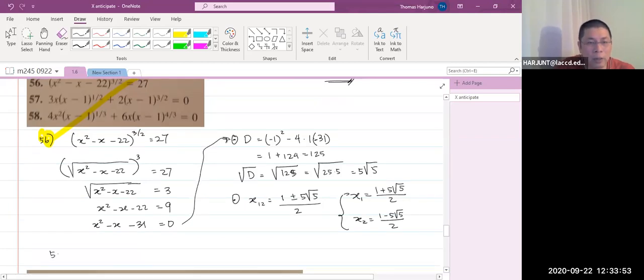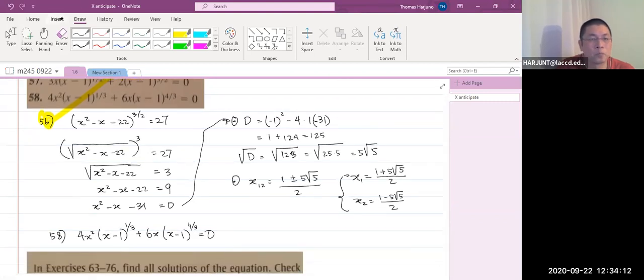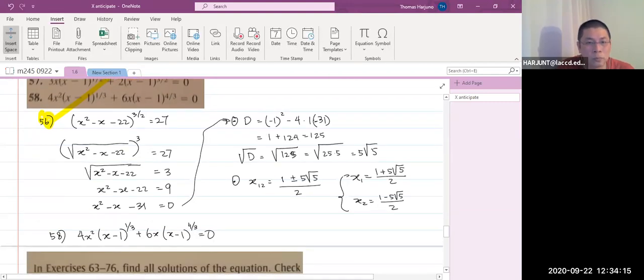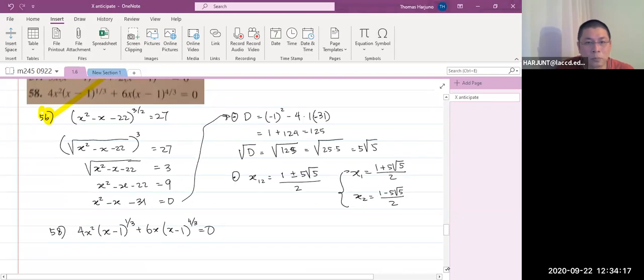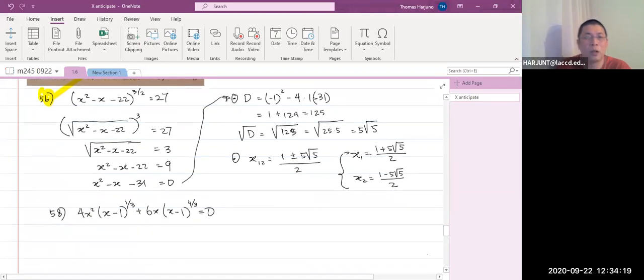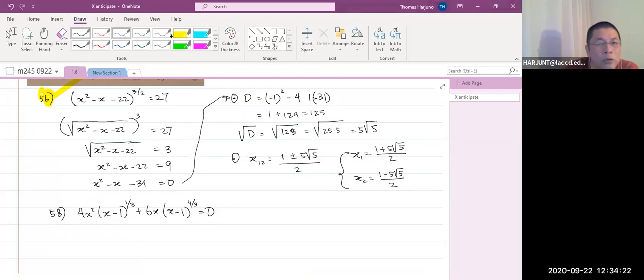My main problem, the most important problem I want to do from this section. Now, the one in number 58, this is considered difficult because you really need to be able to see the factoring first.